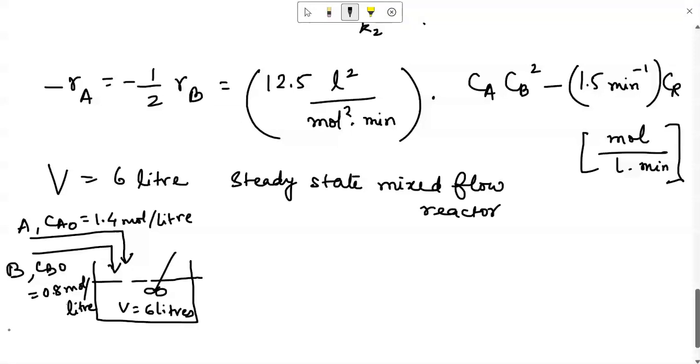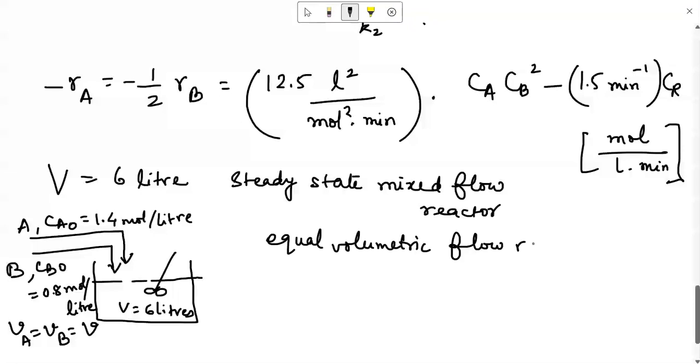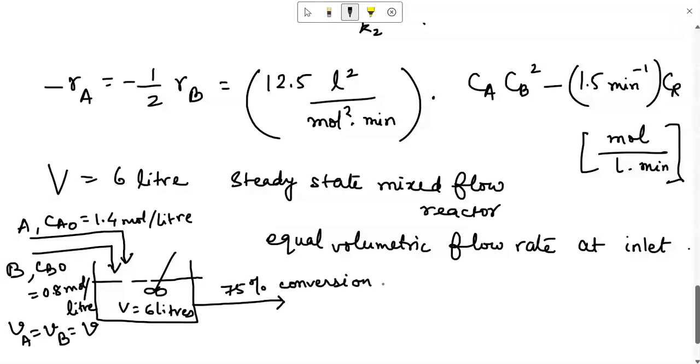They have equal volumetric flow rates, meaning small va equals small vb equals v, equal volumetric flow rate at inlet. Now at the output, it has been told that 75% conversion of B is seen.